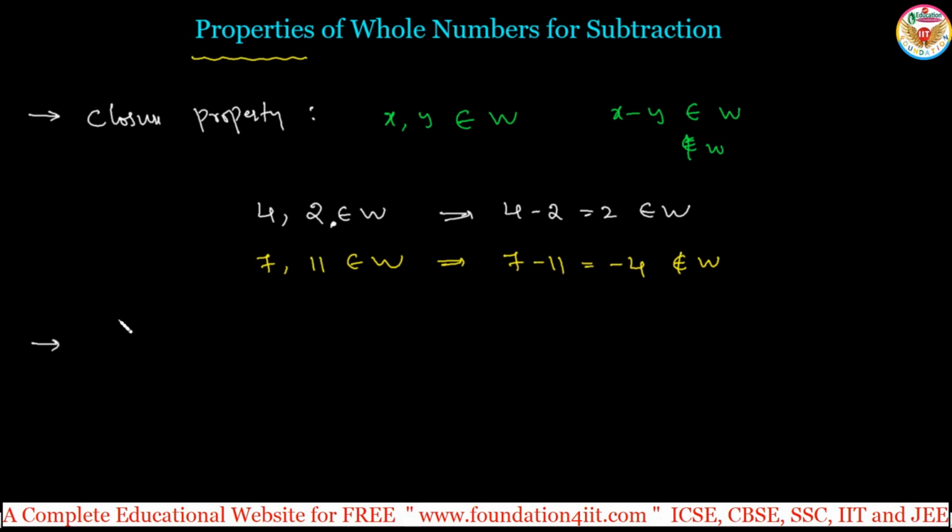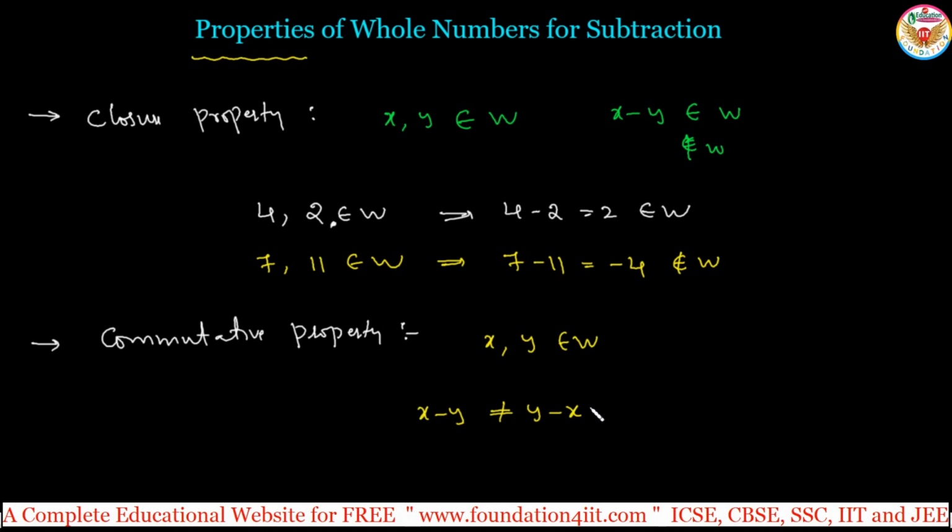Next one, commutative property. So when you come to the commutative property, if x and y are two whole numbers, then x minus y is not equal to y minus x.